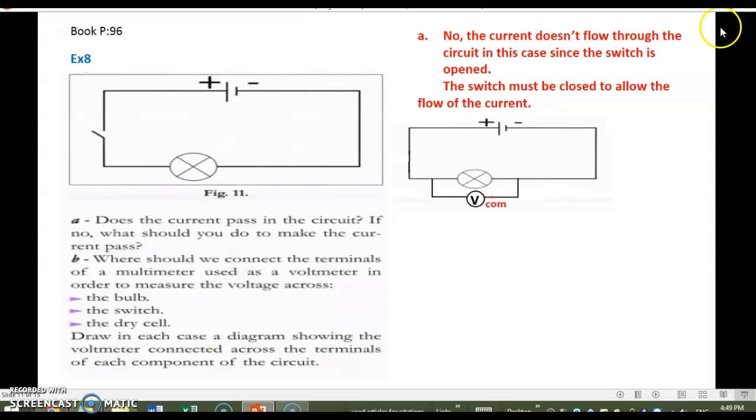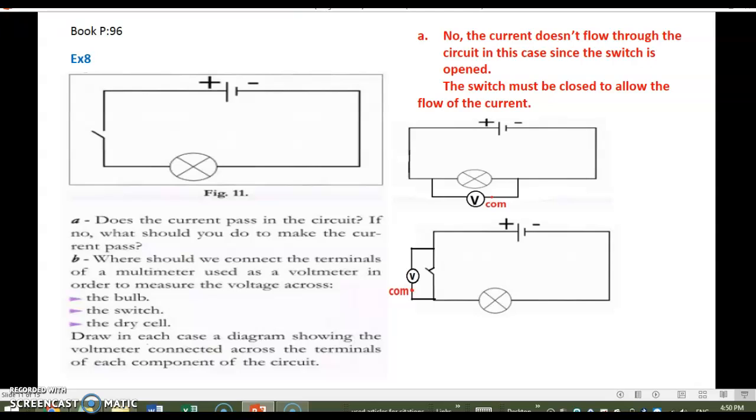So for the lamp, the positive terminal of the battery in this case is here. The current is going to flow anticlockwise from left to right through the lamp. So this is the positive terminal of the lamp and this is the negative terminal here. And we have the COM connected to the negative and in parallel across the lamp. So this is the correct connection of the voltmeter across the lamp, or across the bulb.